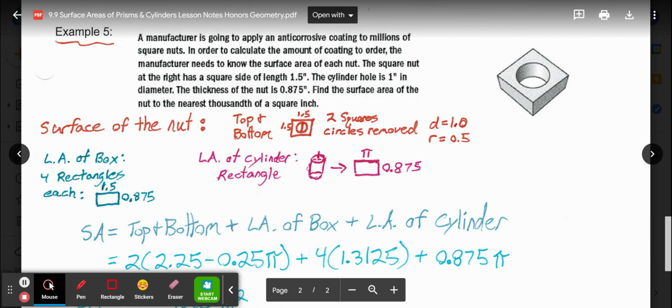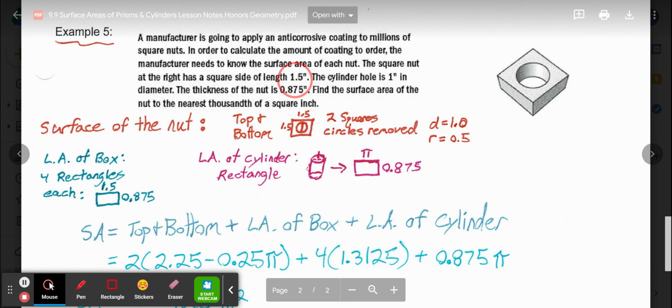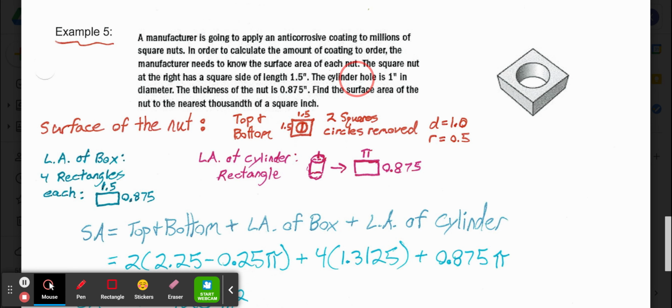The square nut at the right has a side length of 1.5 inches. The cylinder hole is 1 inch in diameter. Thickness of the nut is 0.875 inches. Find the surface area of the square nut to the nearest thousandth of a square inch.